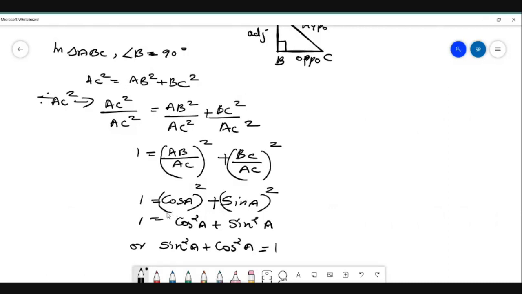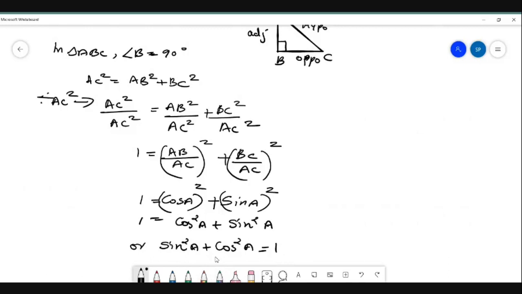This is the identity we get. Now if you want to convert sine square in terms of cos square A, we can write sine square A equal to 1 minus cos square A, and cos square A can be written as 1 minus sine square A.